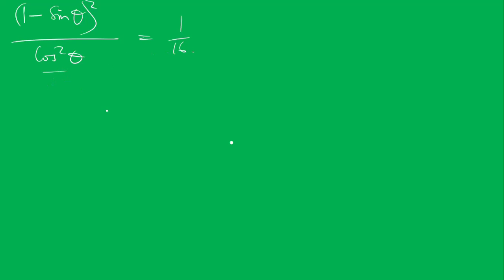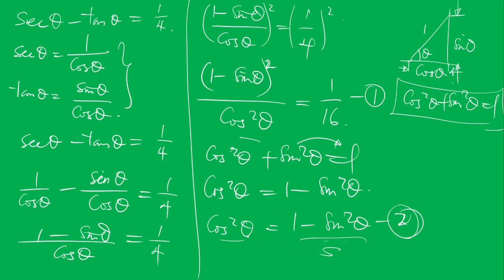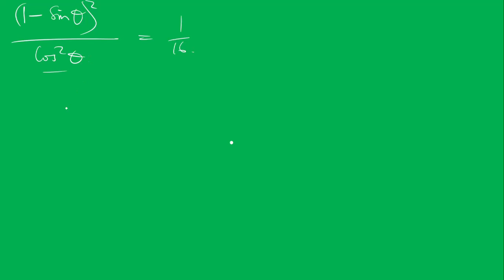And from what we got, cos square theta is 1 minus sine square theta. So we replace this with that. So you have 1 minus sine theta all squared divided by 1 minus sine square theta equal to 1 all over 16.